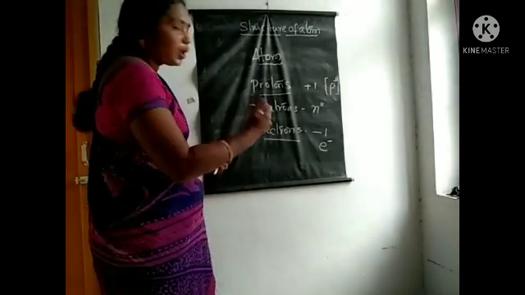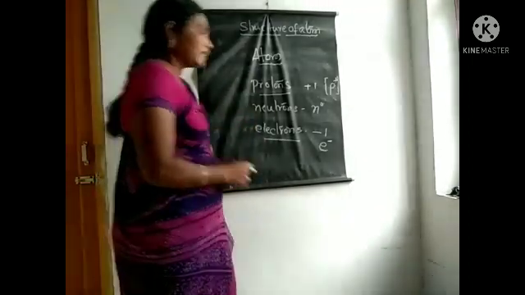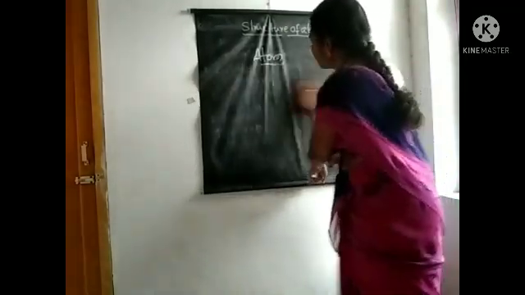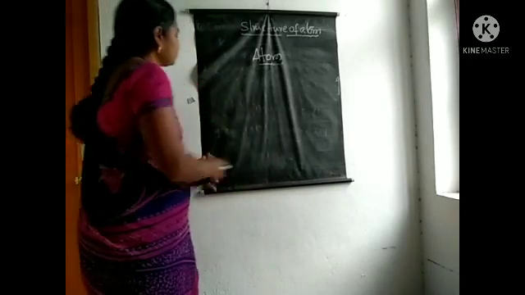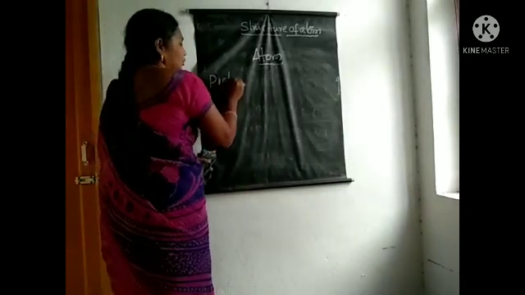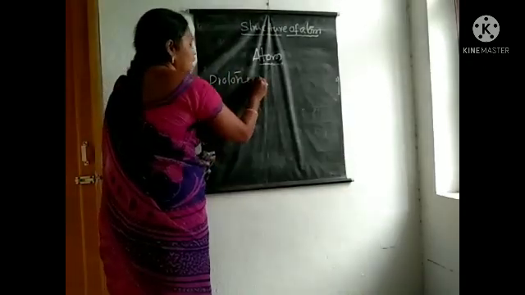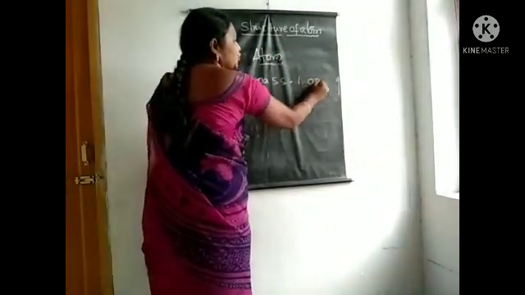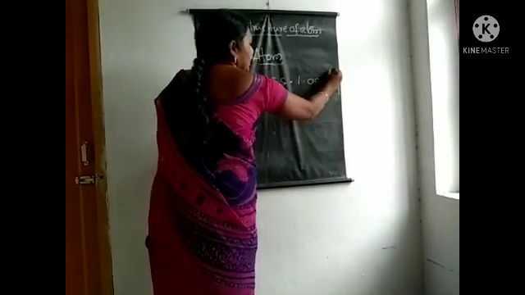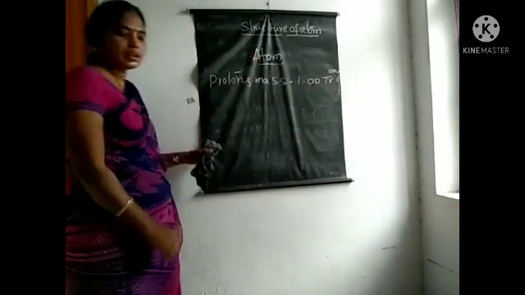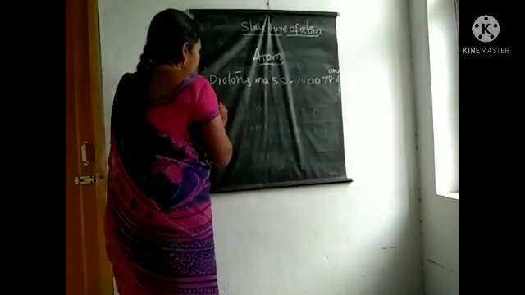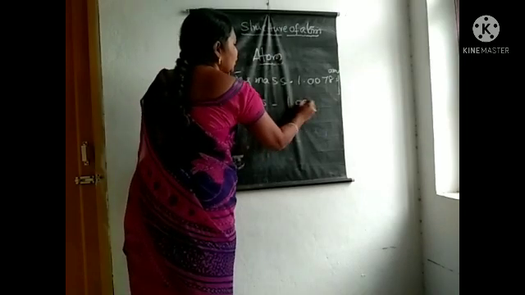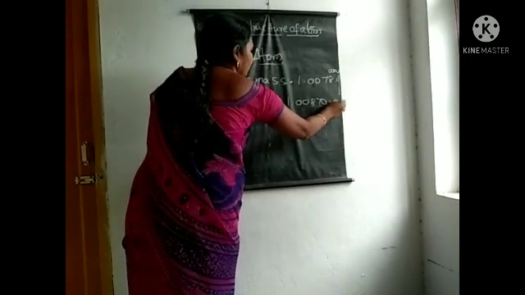Here we note down one more point, that is the mass of protons, electrons and neutrons. The mass of a proton is 1.0078 AMU. Like that, the mass of a neutron is 1.0087 AMU.